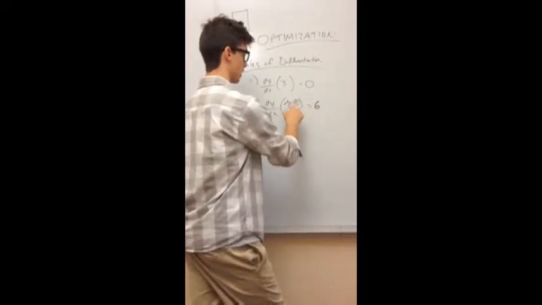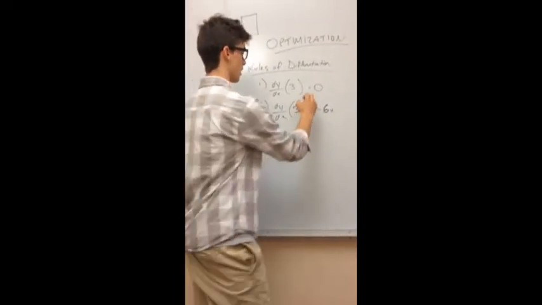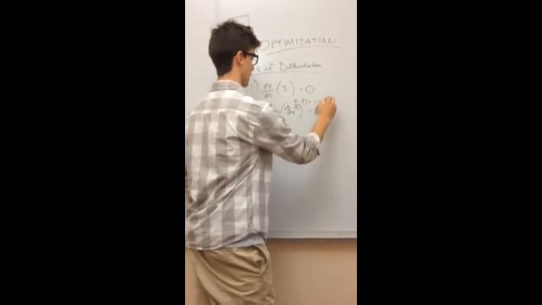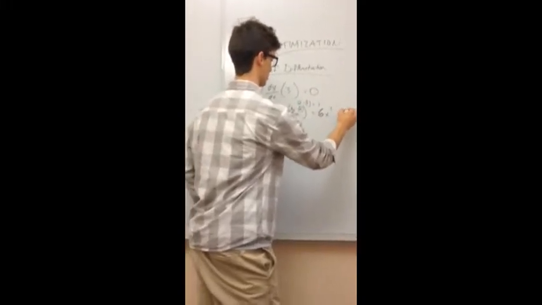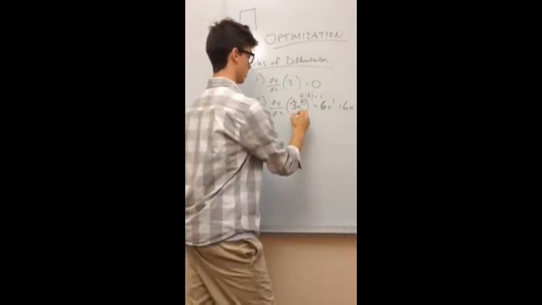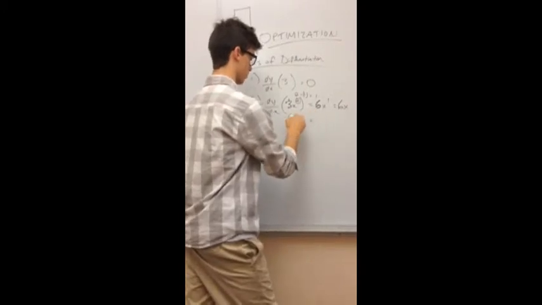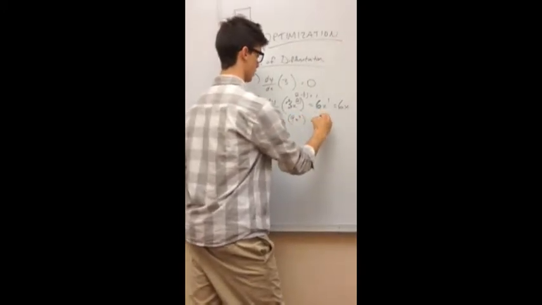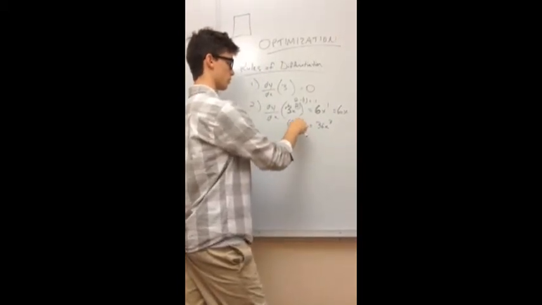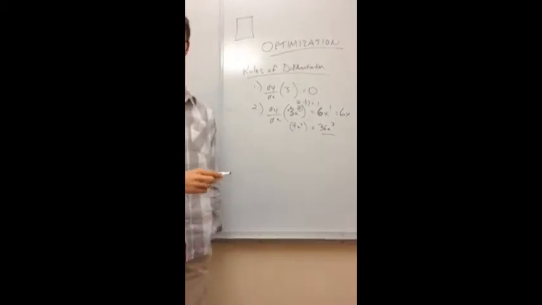You leave your variable the way it is, and then you take your exponent and subtract 1 from it to give you the next one. So in this case we could just leave it as 6x. Another example would be 9x to the 4th. You multiply these two, then you subtract 1 from the exponent. You get 36x to the 3rd.